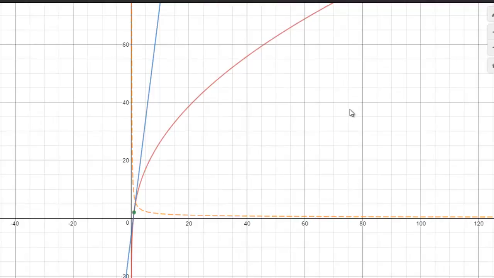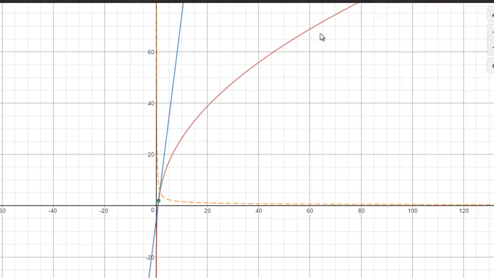So again, remember what a derivative function means. The slope of the tangent line right here is given by the point on that orange curve right there. The slope of the tangent line right here is given by the y value of this derivative function right here.